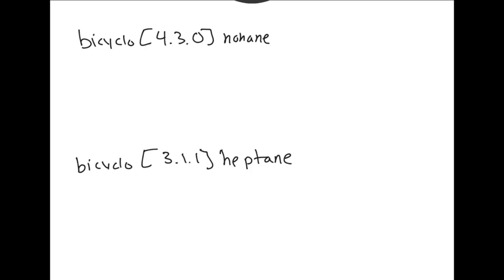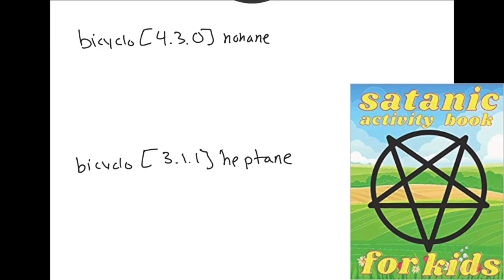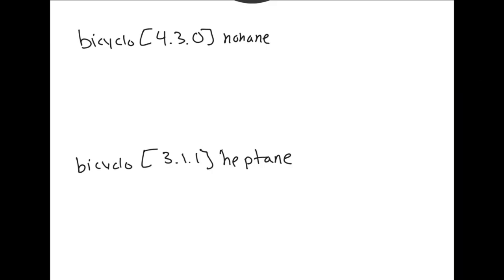So a way you can think about doing this is like you're doing the worst activity book you ever did on a road trip. All right? You're playing connect the dots. So if you're bicyclo, you start with two carbons, right? So I have two dots. The 0 tells me there's no carbons between those two dots in one direction.